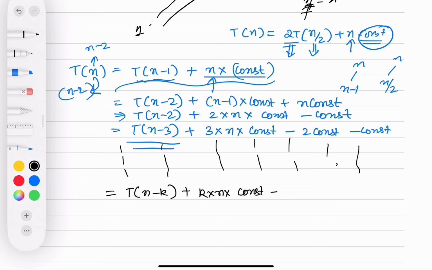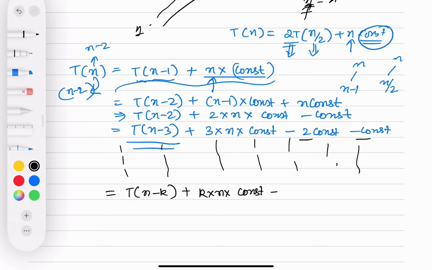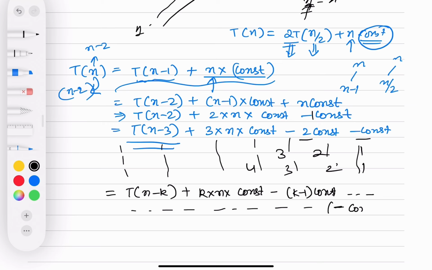And then, now 2, 1. If it was 1, it is 1, 2, 1. So next will be 3, 2, 1. Then 4, 3, 2, 1. Like this it will come, right? So what I'll do, I'll write minus (k minus 1) into constant. So on, so on, so on. At the end, minus constant.